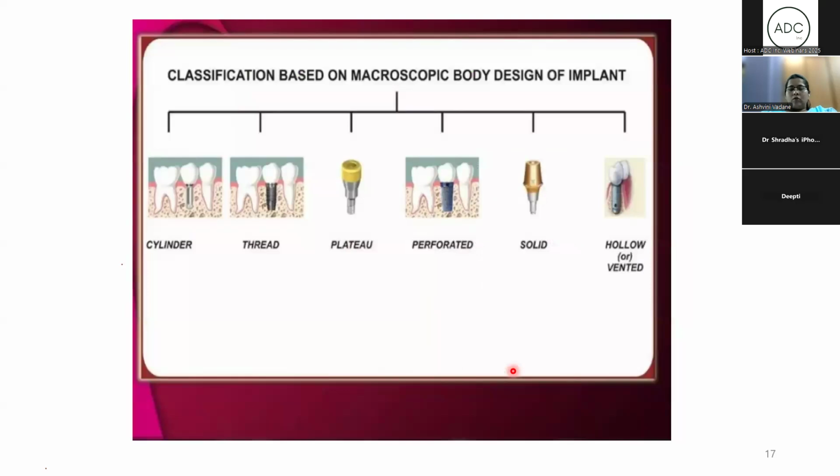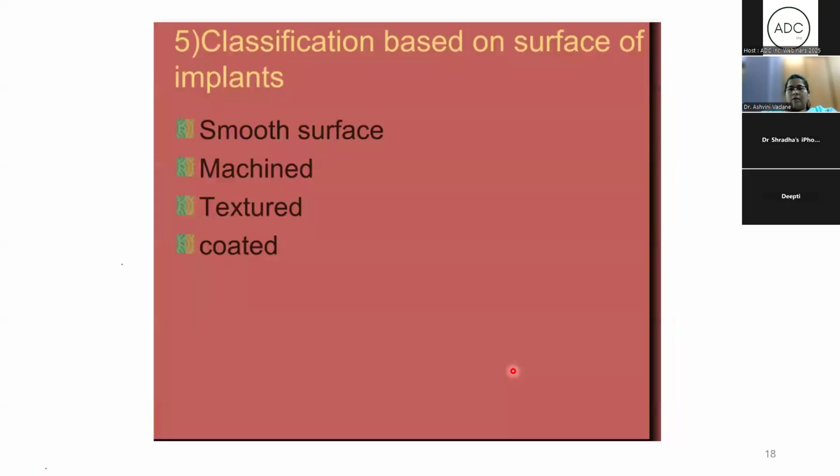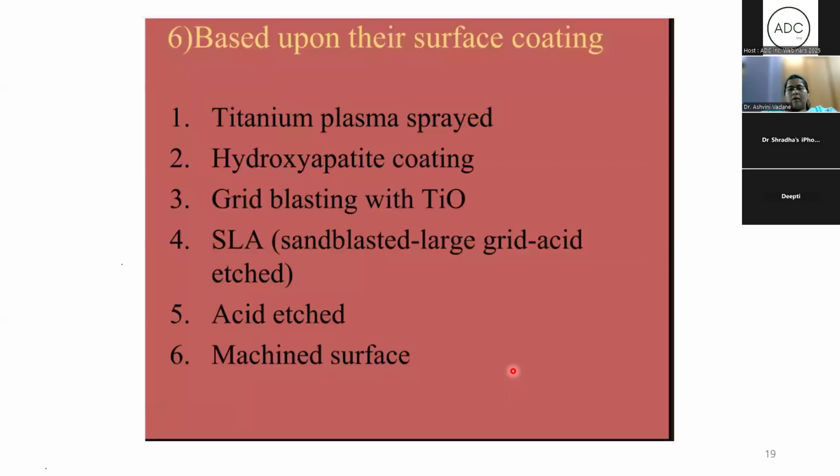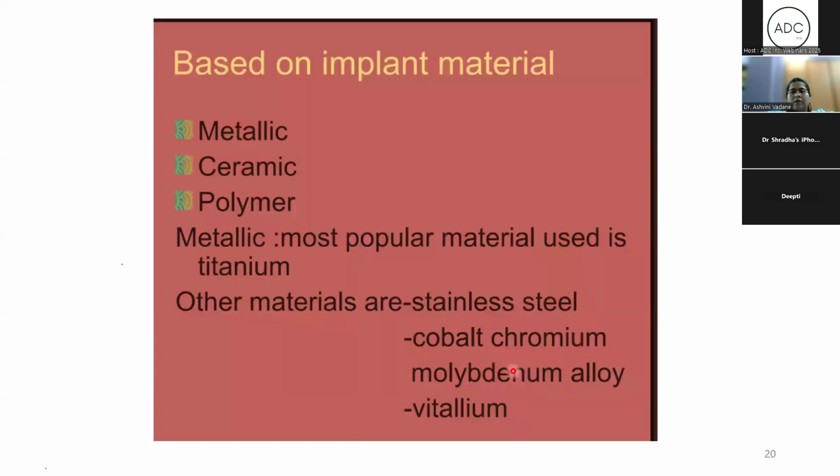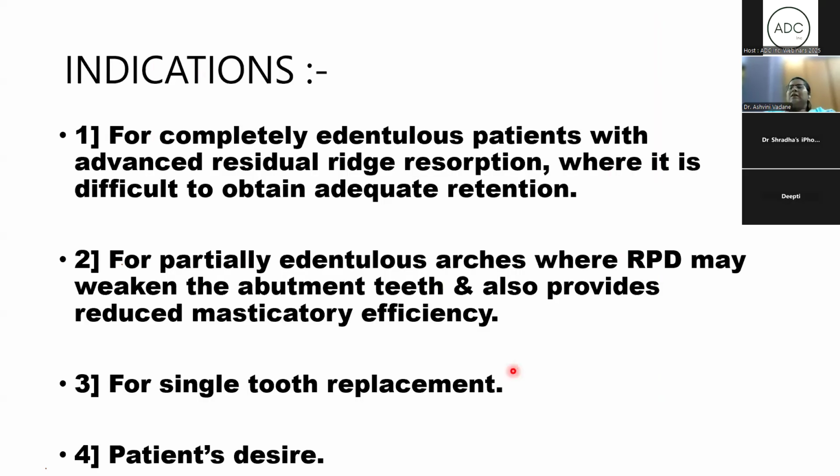Then based on the macroscopic body design: cylinder, thread, plateau, perforated, solid, hollow or vented. Based on the surface: smooth surface, machined, textured and coated. And depending on the surface coating, these are various types. Based on the implant material, it is metallic, ceramic and polymer. So this was the classification of dental implants.